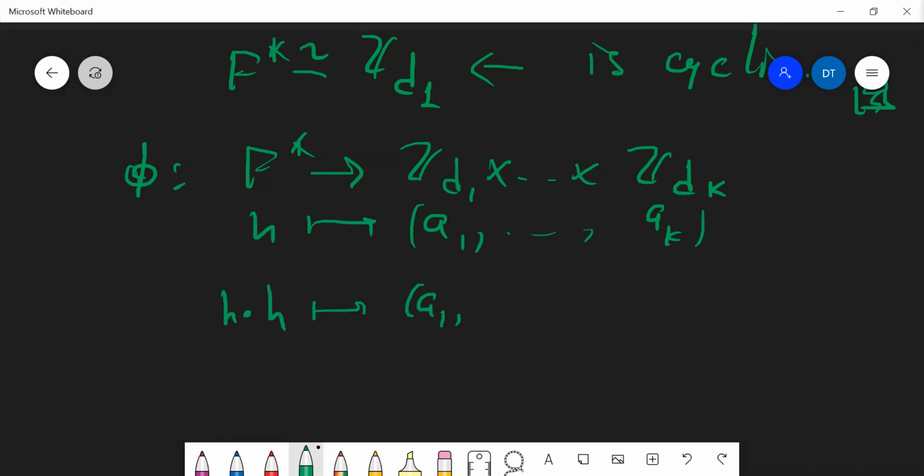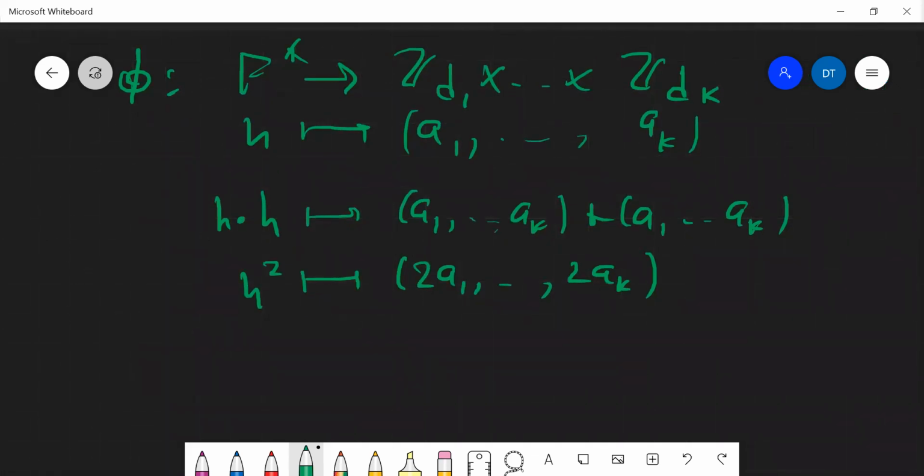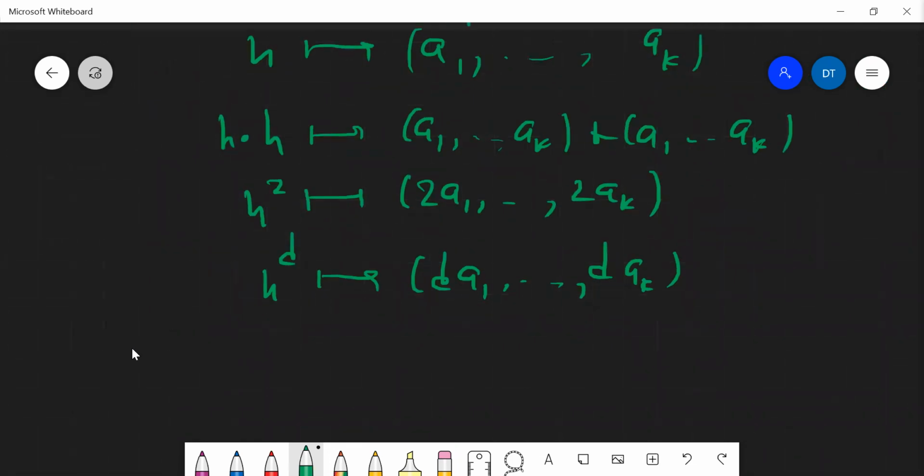It goes to a1, etc., ak plus a1, etc., ak. So h squared goes to 2a1, etc., 2ak. So if you take h to the d, it goes to da1, etc., dak. Now, where does the neutral element 1 go? It goes to the element 0, 0, 0, because the neutral element must go to the neutral element. So if you want to show this equality, it's exactly the same as showing this equality.